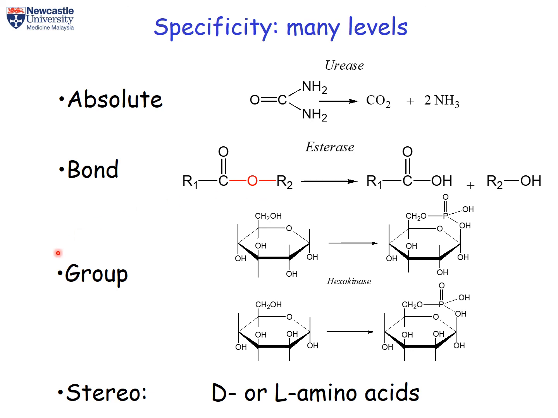Then you also have the group-specific enzymes such as hexokinase. So whenever you see the term kinase, it is always associated with phosphate group. So here, a hexokinase will transfer phosphate group to a hexose, which is a 6-carbon sugar molecule. But as you can see, both sugars are having different configurations as the position of the hydroxyl group are different.